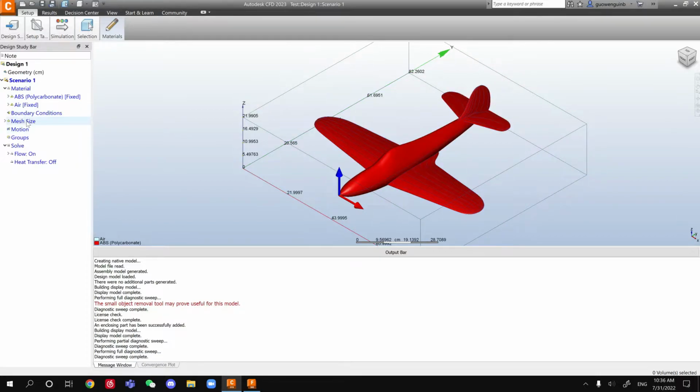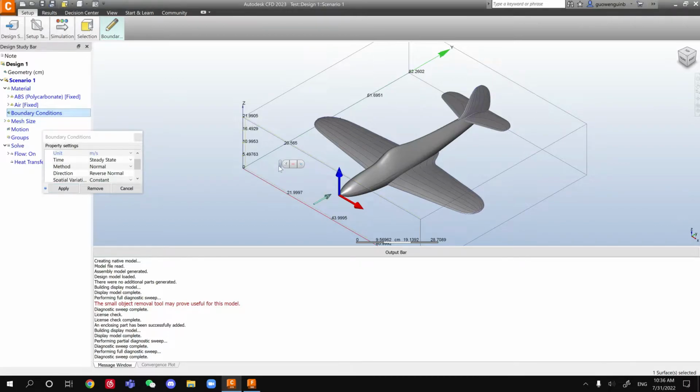Our next step will be setting the boundary conditions. For boundary conditions, I am going to pick velocity, and I'm going to set it at 60 kilometers per hour.